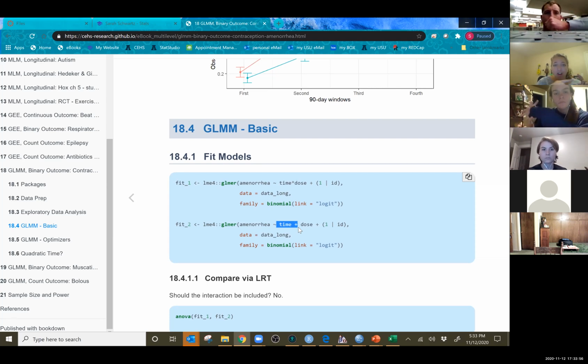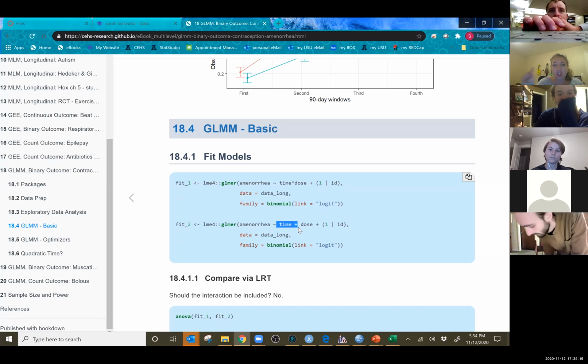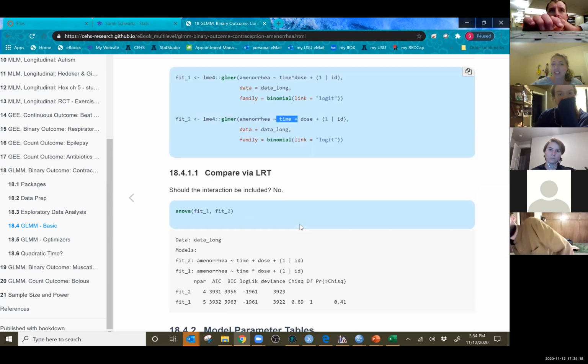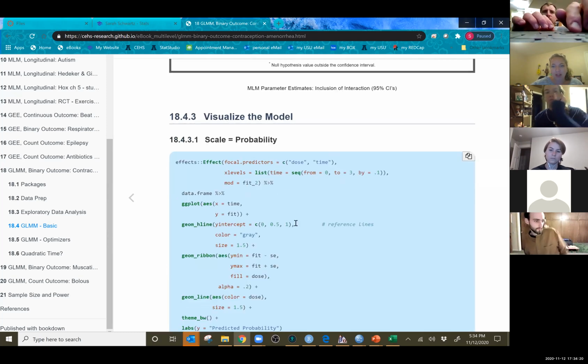Sometimes we think that odds change in a non-linear way, that there's like a peak and then it plateaus, or maybe the odds increase quickly and then plateau, or maybe it takes a while for the increase to happen. If you think that's the case, you can try time squared to get the quadratic, but it's quadratic in the logit, not in the probability. So you have to keep that in mind.